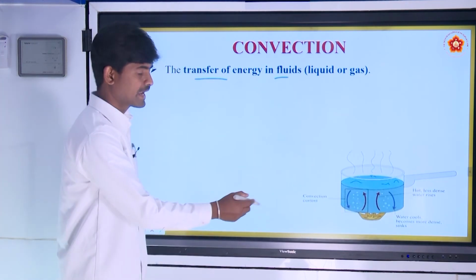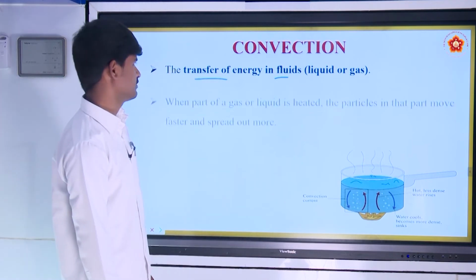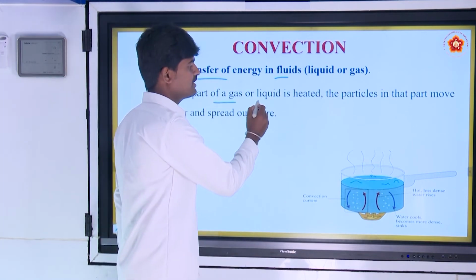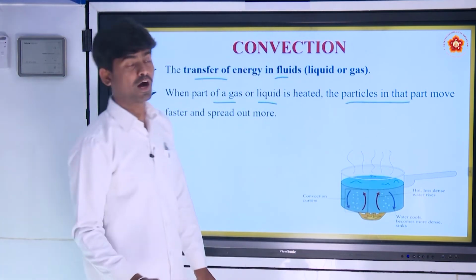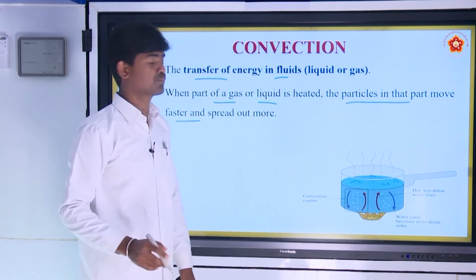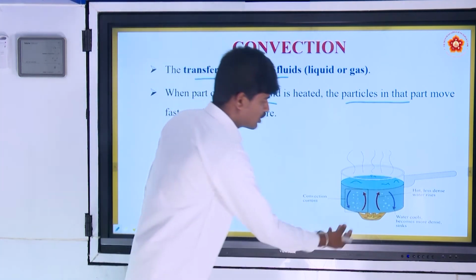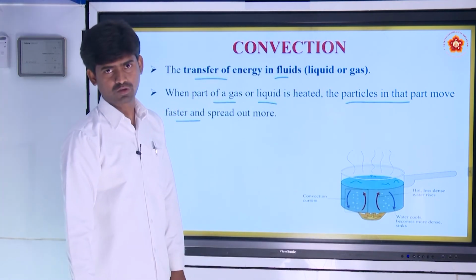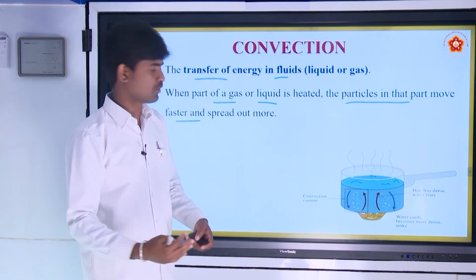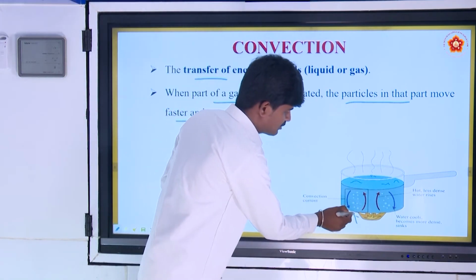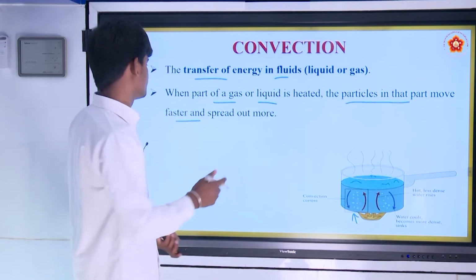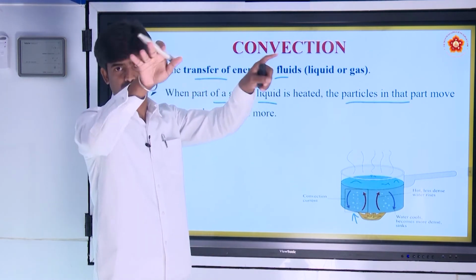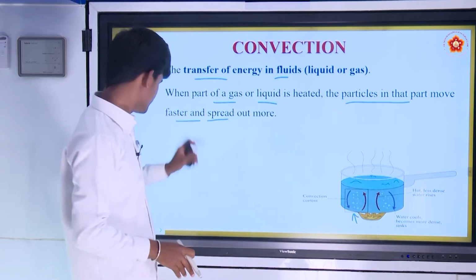Convection means when a part of a gas or liquid is heated, the particles in that part move faster and spread out more. When you are boiling that water for 10 to 15 minutes, what will happen? The particles will move faster and faster and spread out more. This is convection.